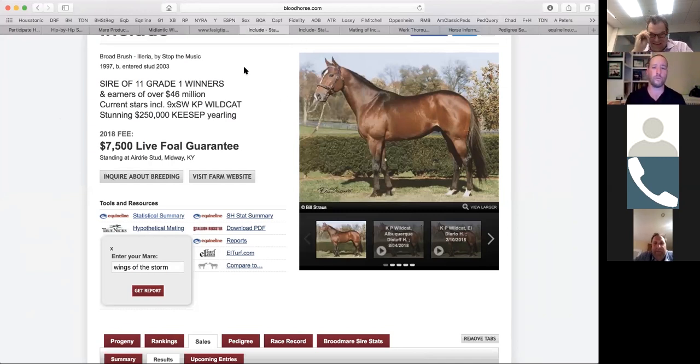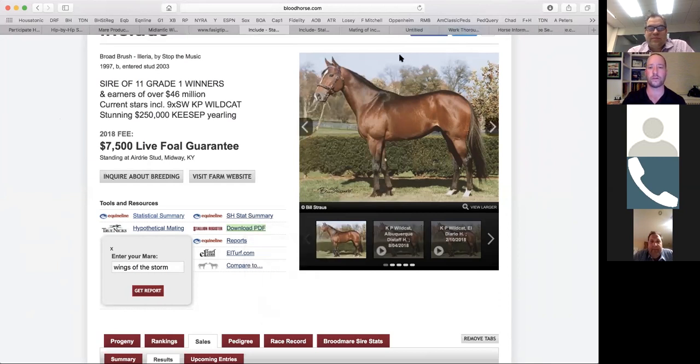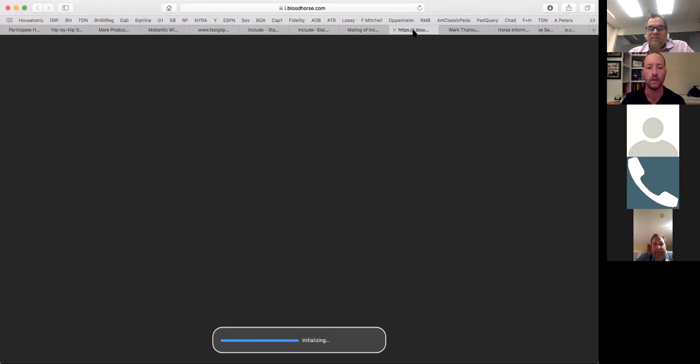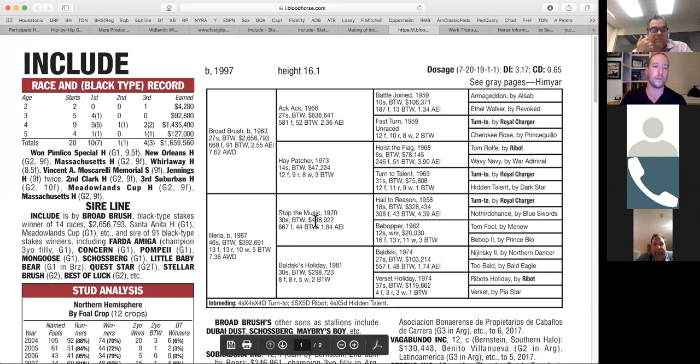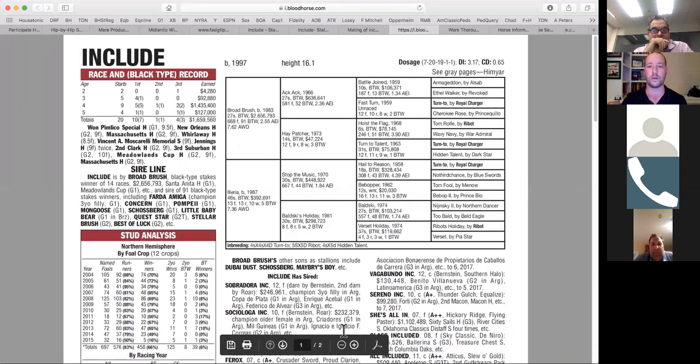All right, so we'll go back to the Stallion Register and some of the things that we can research there. Look at Include's stallion page first. This is what the Stallion Register, the paper one, is full of, pages that look like this. Again, lots and lots of information. You see the 5 cross pedigree or the 4.5 cross pedigree up there.